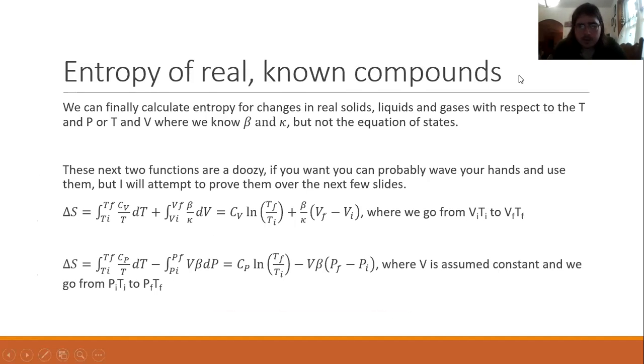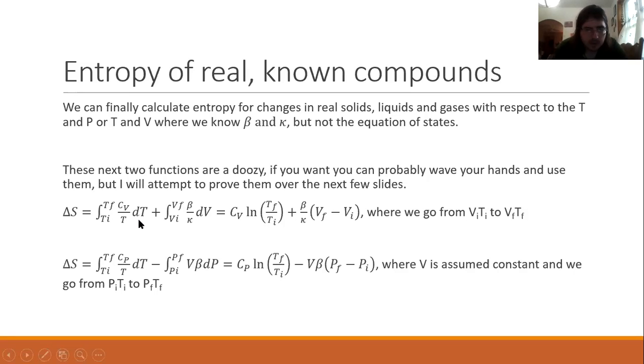Now, we can also calculate entropy for real compounds, especially solids and liquids, with respect to T and P or T and V, where we know the beta and the kappa, but not the equations of state. So the next 2 functions are doozy. You'll probably want to wave your hands and just use them as given, not the proof. I'll attempt to prove them in the next couple slides.